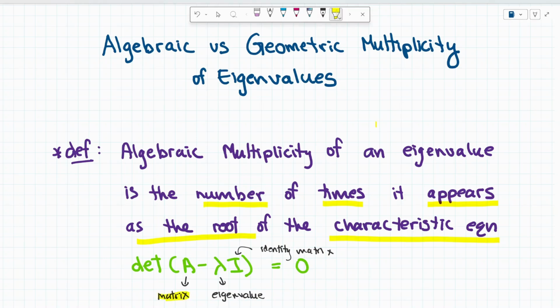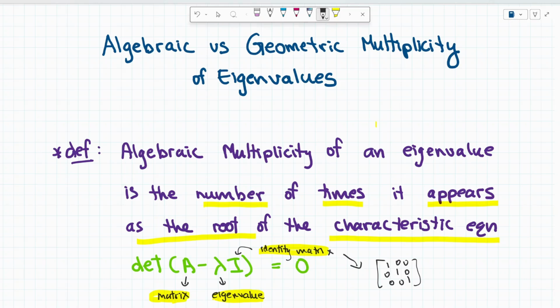A represents our square matrix, lambda is our scalar value, which is our eigenvalue, and I is our identity matrix. An identity matrix is a matrix that has ones along the center and 0 everywhere else. So this is how we set up our characteristic equation.